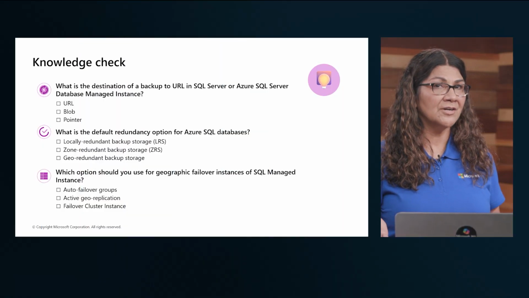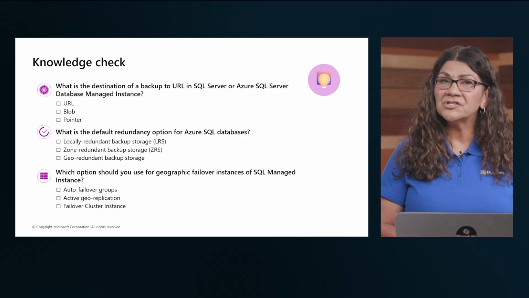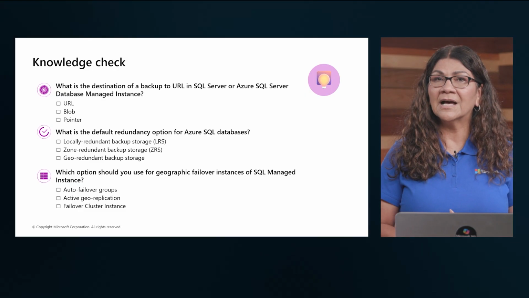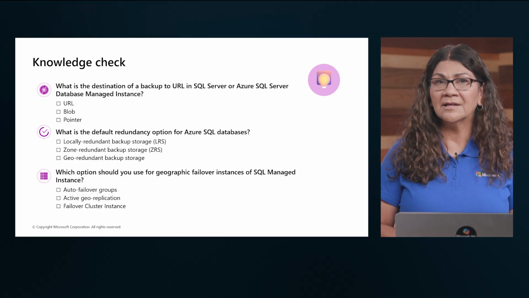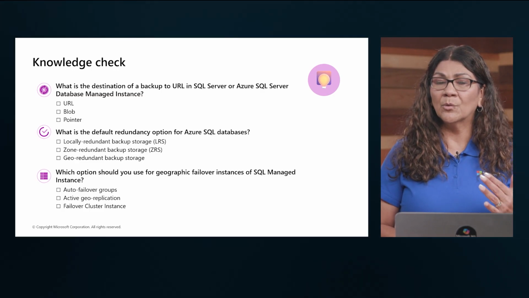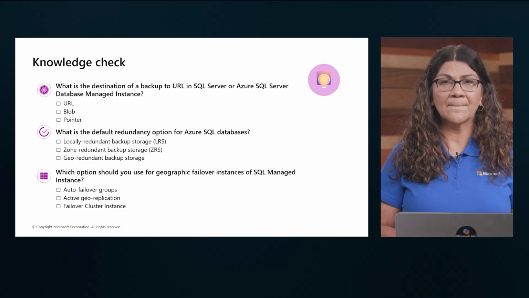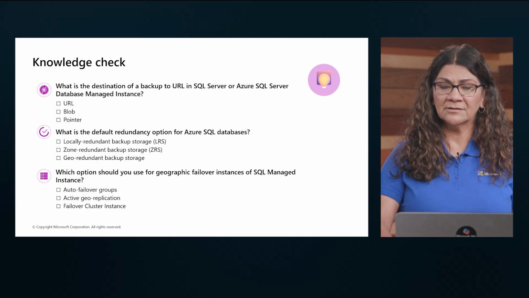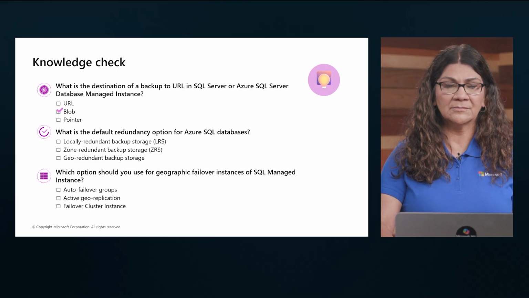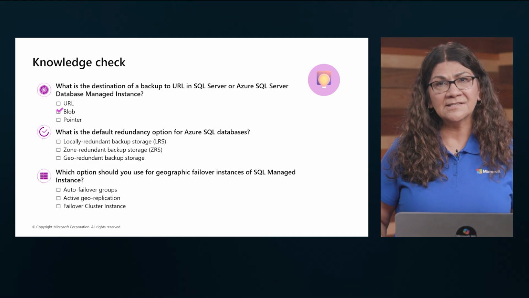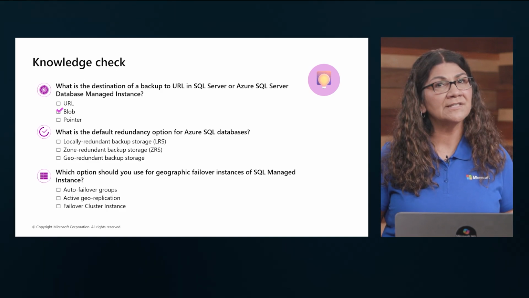Now it's time for our knowledge check. Question 1. What is the destination of a backup to URL in SQL Server or Azure SQL Database Managed Instance? Answer, blob. Question 2, what is the default redundancy option for Azure SQL databases?